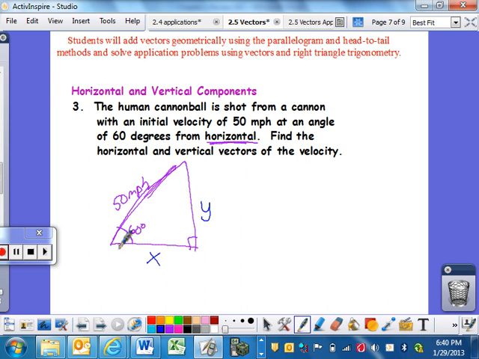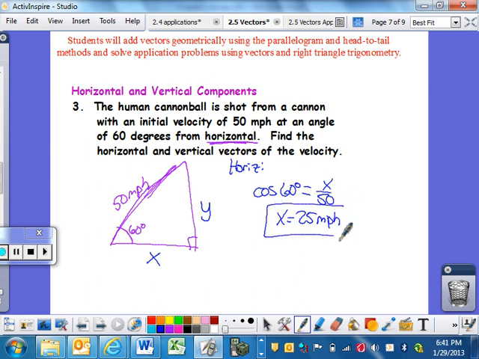So to find your horizontal vector, alright, that's the X, or the adjacent over the hypotenuse. So I'm just going to go quickly, cosine of 60 degrees equals X over 50. So my horizontal one is going to end up being 25 miles an hour if you multiply 50 to both sides.